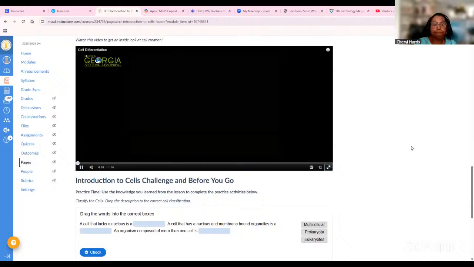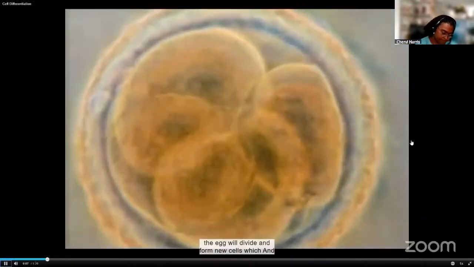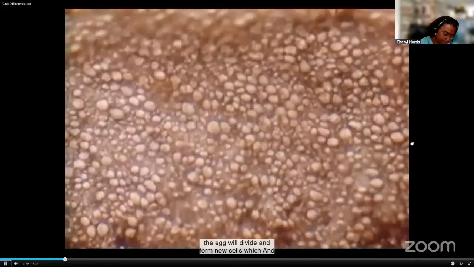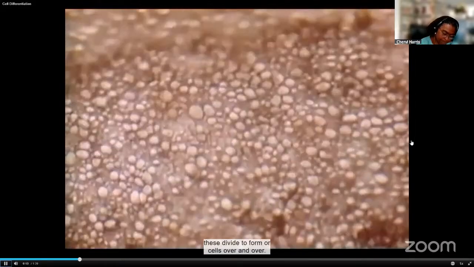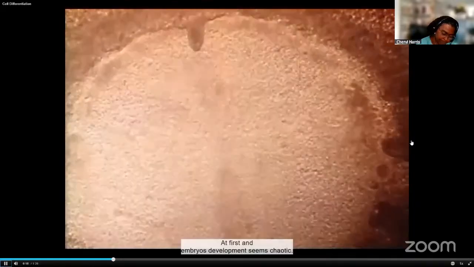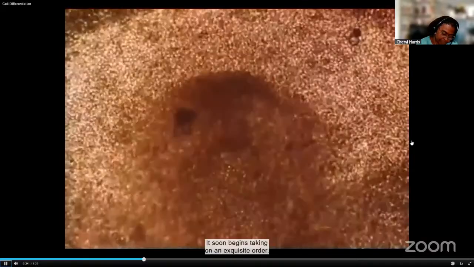All vertebrates start the same way, as one fertilized egg cell. The egg will divide and form new cells. And these divide to form more cells over and over. At first, an embryo's development seems chaotic. It soon begins taking on exquisite order. Fields of cells fold and slide over each other. These cells are gathering in a long line and rolling into a tube. This is the beginning of a spinal cord.